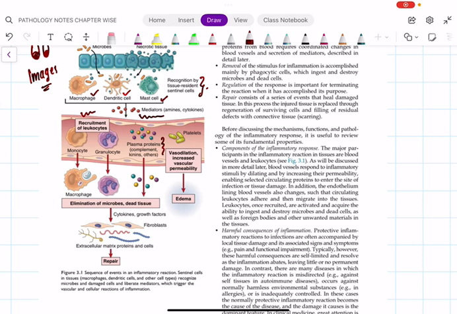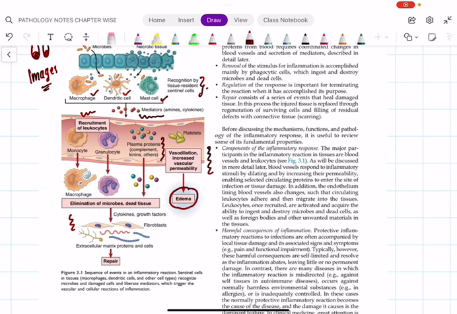It may activate the plasma protein complement cascades and it may lead to vasodilation and increased vascular permeability, which is responsible for edema. Finally, once all this is done, the microbes have to be eliminated by phagocytosis and the inflammation subsides.